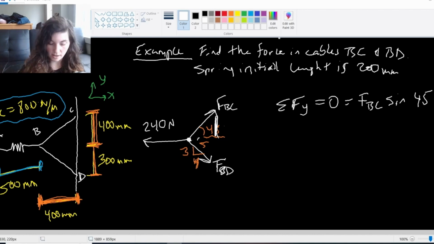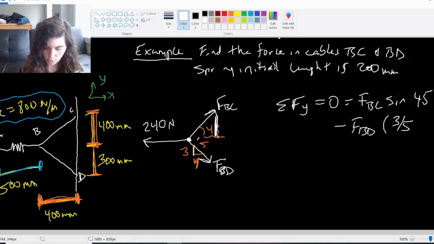And then FBD also has a y component. Our 240 has no y component whatsoever. But my FBD does in the negative y direction, right? Minus FBD. And then it has a ratio triangle where the y component is 3 over the total of 5.